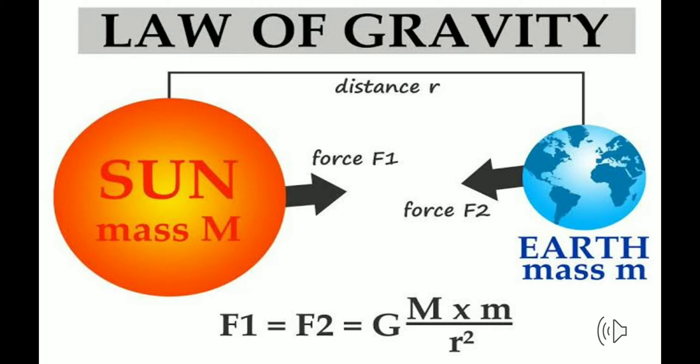We have the force F1 applied by the Sun and the force F2 applied by the Earth. Both these bodies have an attraction force because they have masses. Force F1 will be equal to force F2, and that will be G M m by r square, where M is the mass of the Sun and small m is the mass of the Earth.